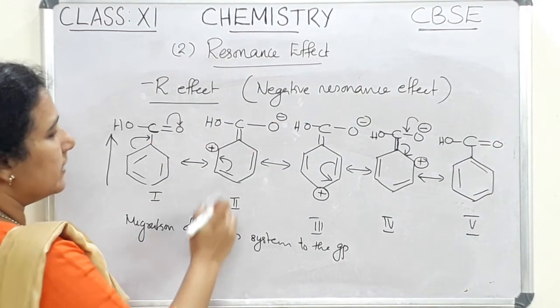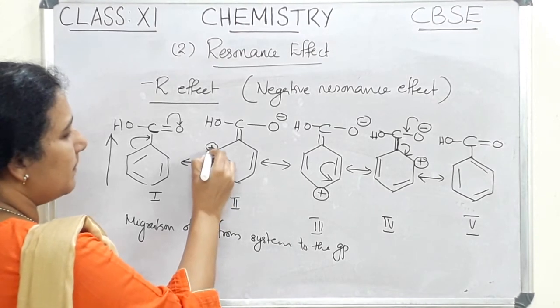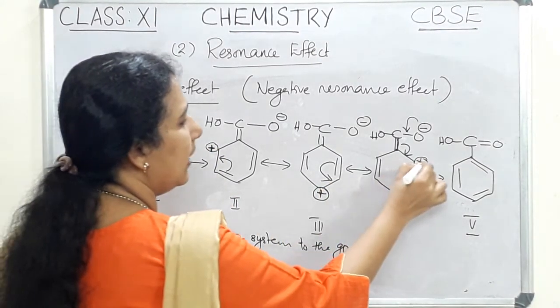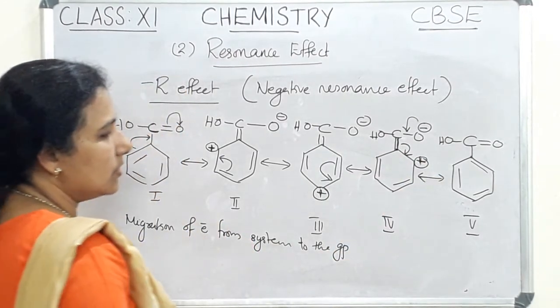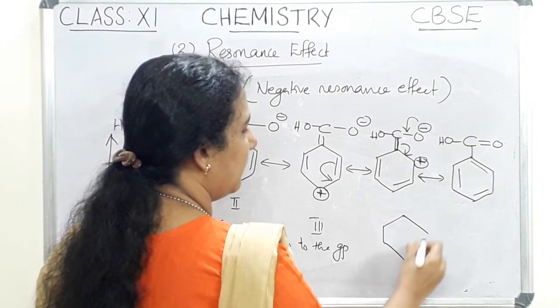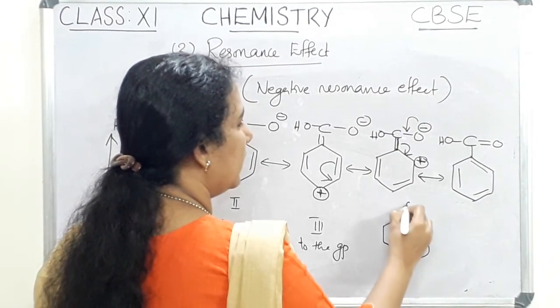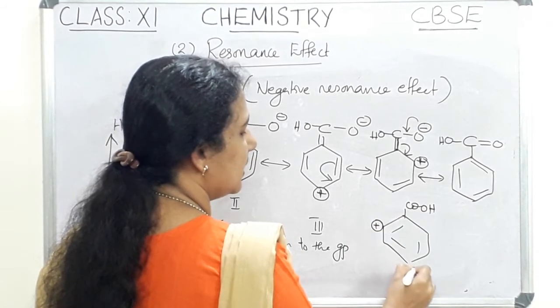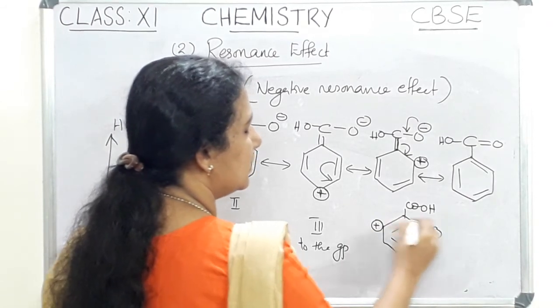And also we can see there are some positions in the resonating structures that have a positive charge. So if it is benzoic acid, these positions have a positive charge.